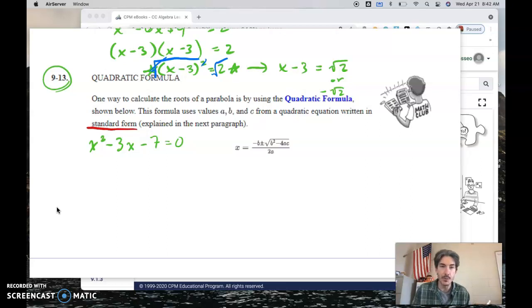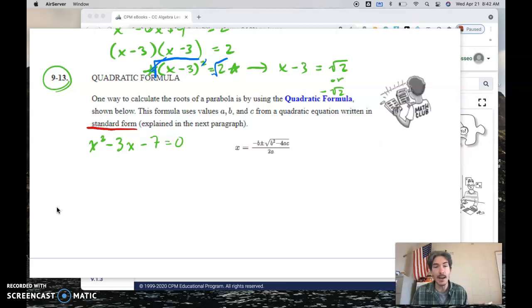This is super duper important. It's got to be written in standard form, which means that it's equal to 0. It means that the x squared comes first, the linear x term comes second if there is one, and then of course the constant comes third, again if there is one.